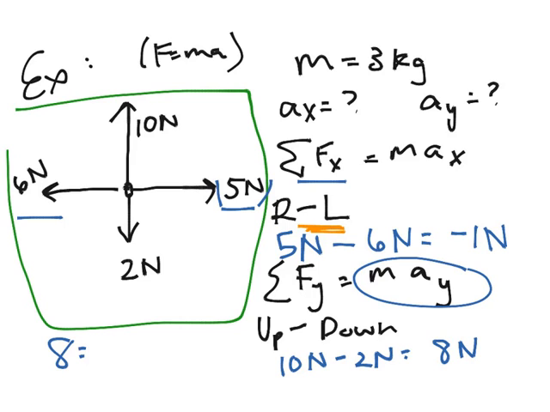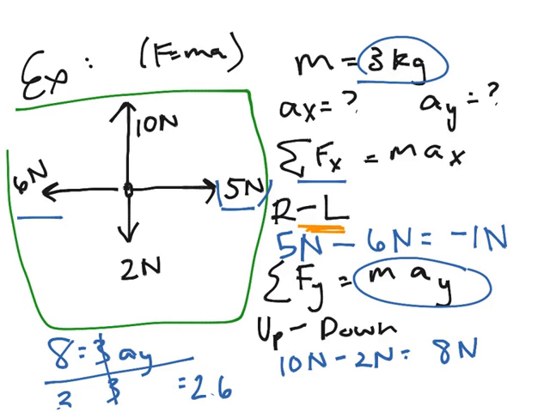So 8 newtons is equal to 3, your mass up here, times the acceleration in the y direction. Divide both sides by 3, and you get 2.67 meters per second squared. Remember, this is acceleration in the y direction.